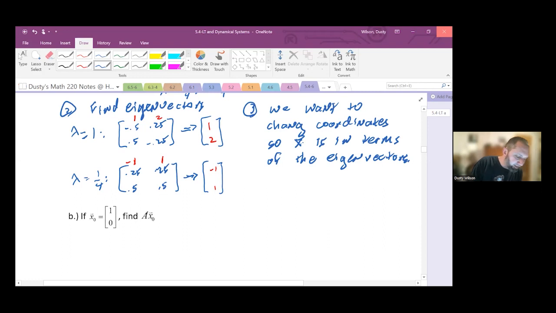Maybe we could give these things names. If we call this vector B1 and this vector B2, then our eigenbasis, if you will, is going to be B1 and B2.